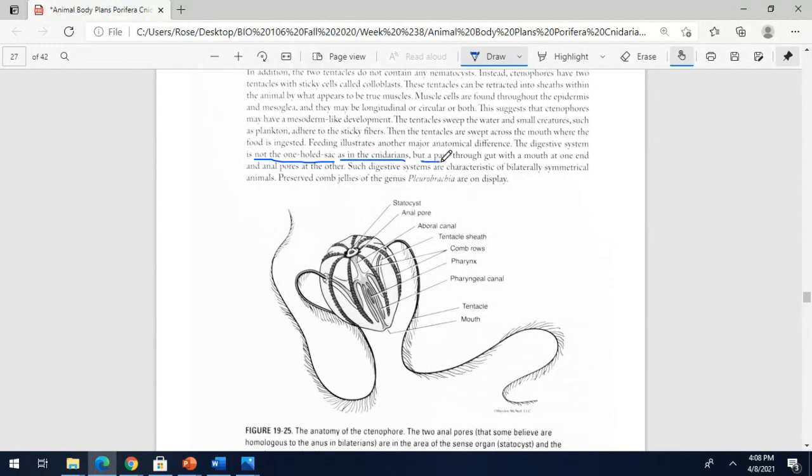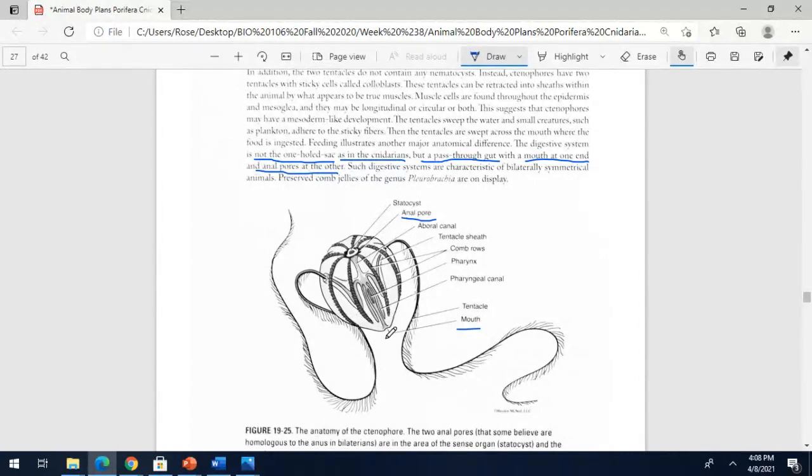Ctenophores have a pass-through gut. So they have a mouth at one end, and you need to know that this is important, and an anal pore opening on the other. Here you see the mouth, and here you see the anal pore. All right, so it's a pass-through gut.